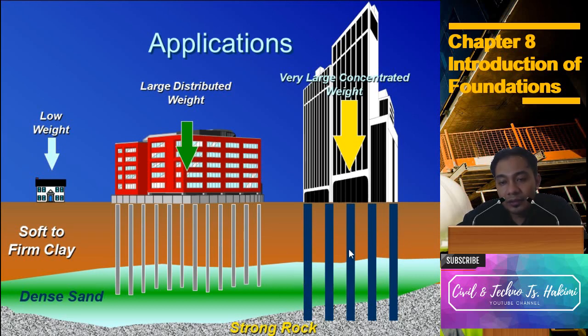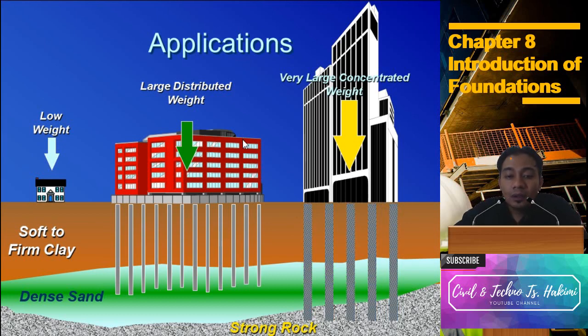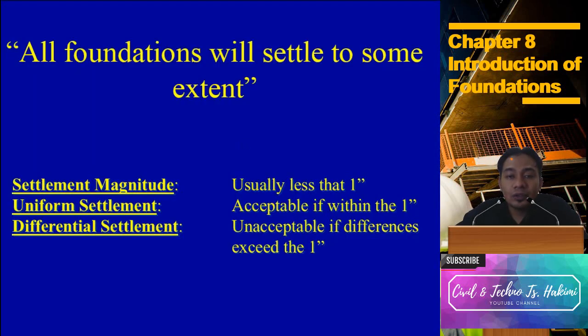If the pile fails, the load cannot be supported. This is the pile cap. When we use a piling system, usually they have a pile cap. Okay, go to the next slide.